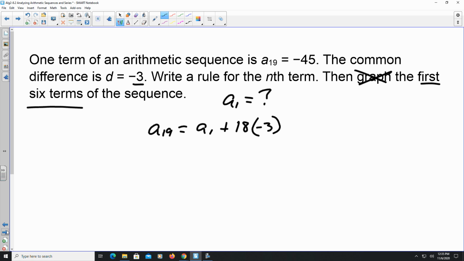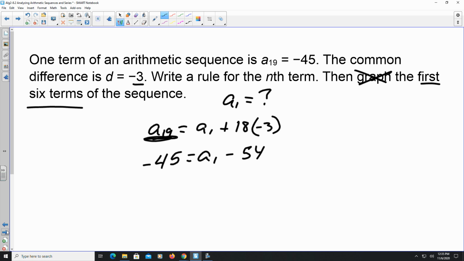Now we substitute a sub 19 with what it equals, negative 45. So negative 45 is equal to a sub 1 minus 54, because it's 18 times negative 3.